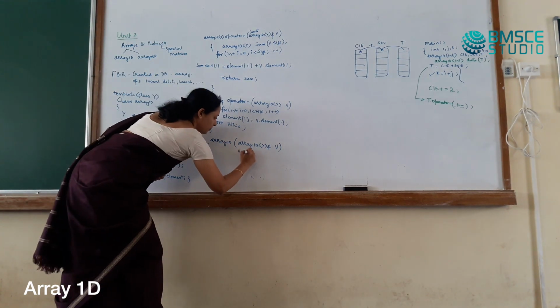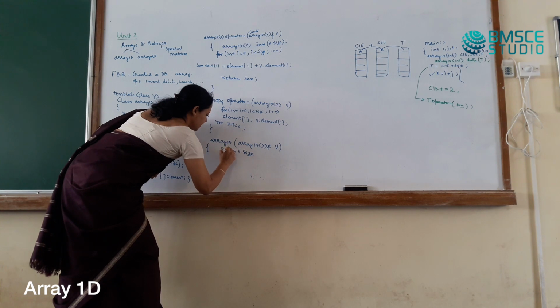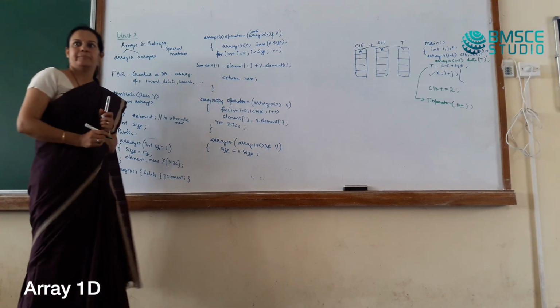First thing that we copy is v dot size is the same as size. So which size does this refer to in our example?